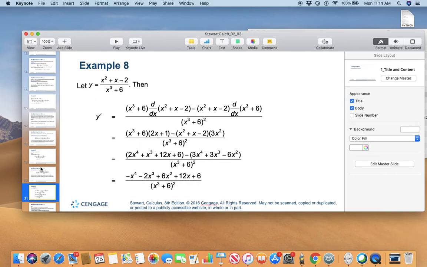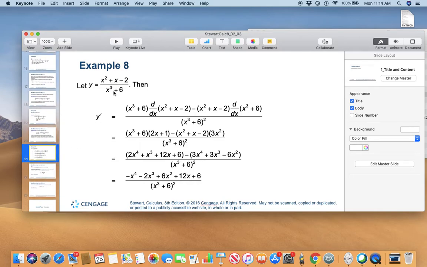Derivative of this rational function. So square the denominator right away. Okay. Derivative of the top, denominator as it is, minus numerator as it is, derivative of the bottom. Now it's straightforward. You are taking the derivative of this, 2x plus 1 plus 0.